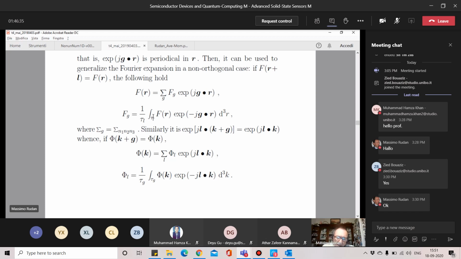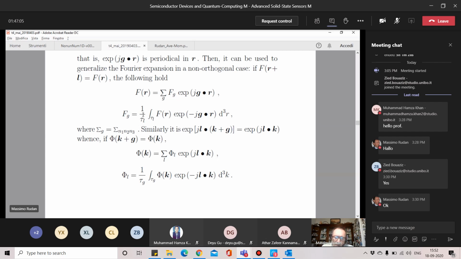So the integral should be carried out over the volume tau L of the elementary cell. It doesn't really matter which, because of the periodicity of the original function f of R. So we take the integral over any cell of the lattice and then we divide by the volume tau L. And this is the Fourier coefficient, as you may well remember.